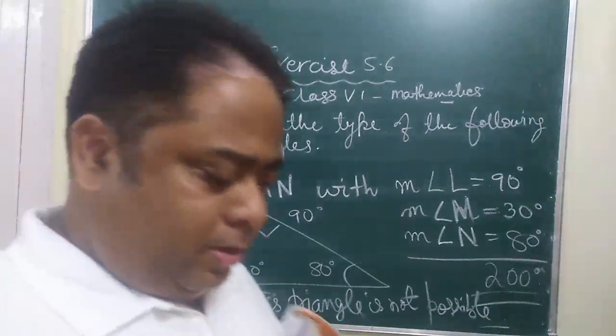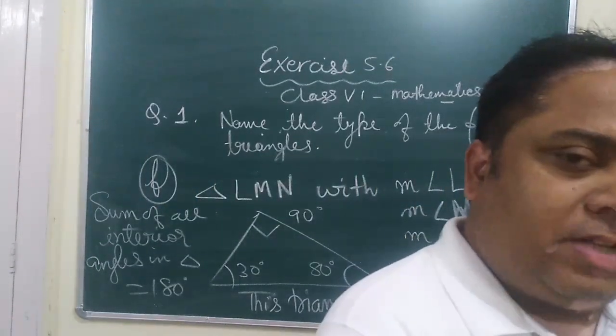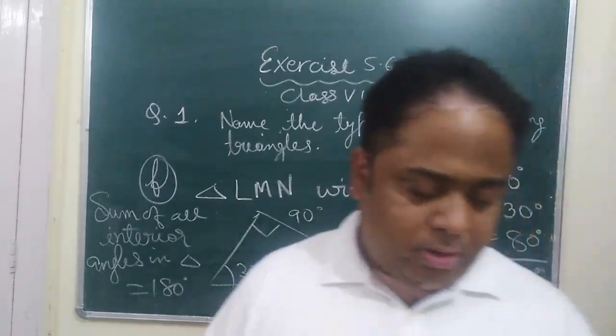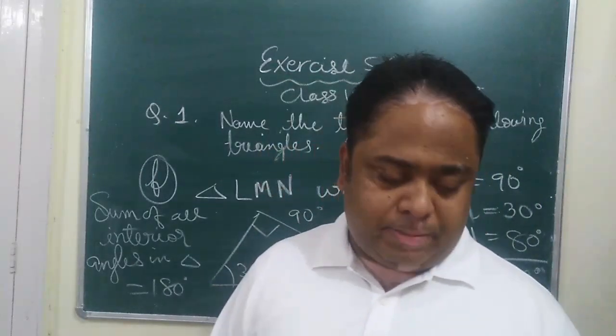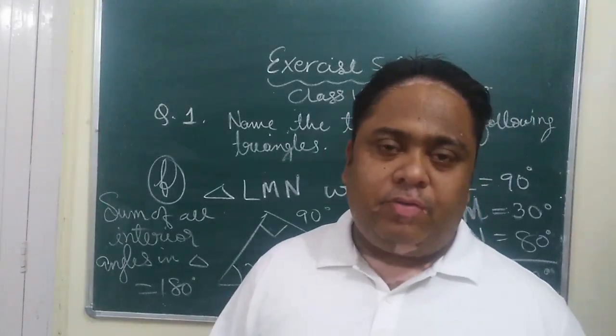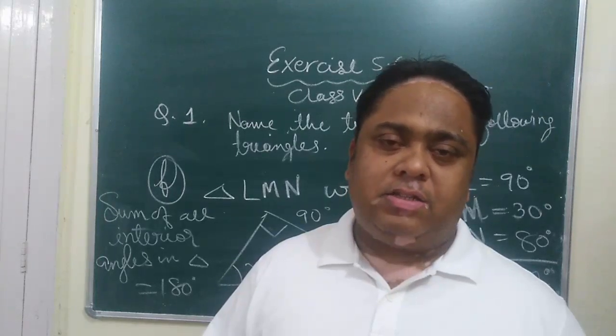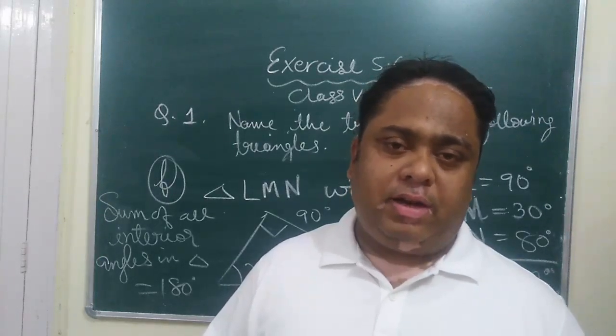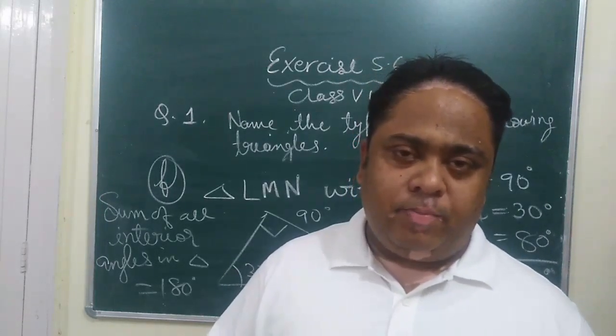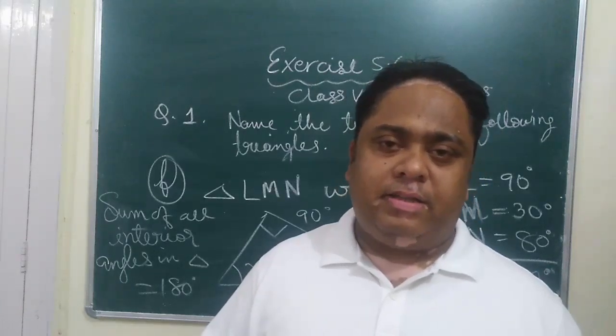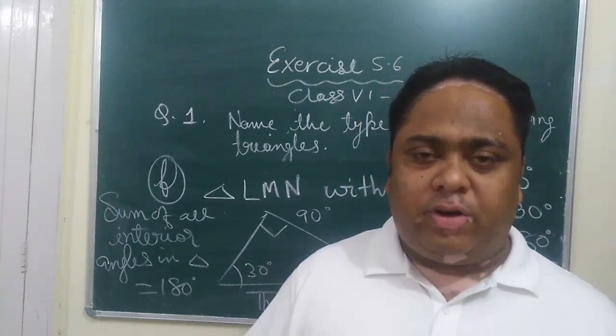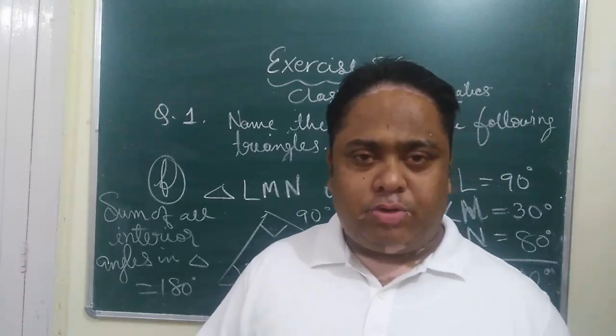Now next we will be doing match the following. Before we do the match the following, let me remind you of the concepts about the triangle once again. If one of the angles is 90 degree, then we call that triangle a right angle triangle. If all the angles are less than 90 degree, then we call it an acute angle triangle. If any one of the angles is more than 90 degree, we call it an obtuse angle triangle.